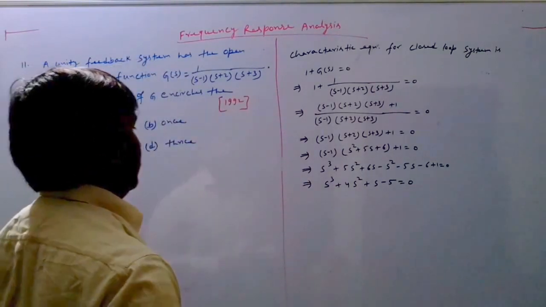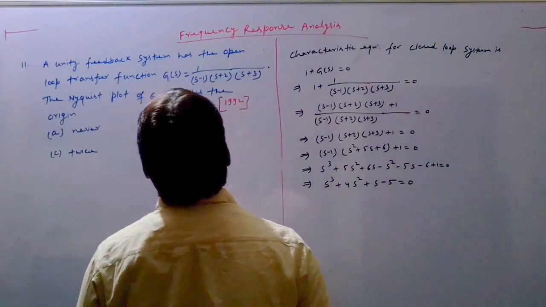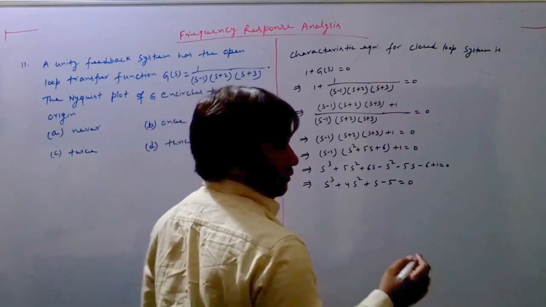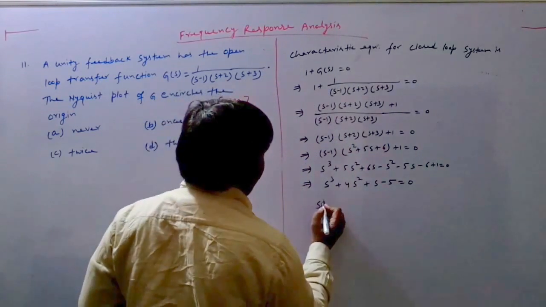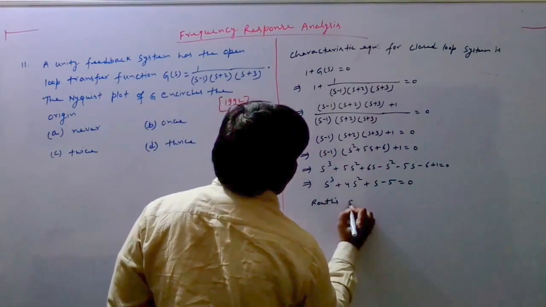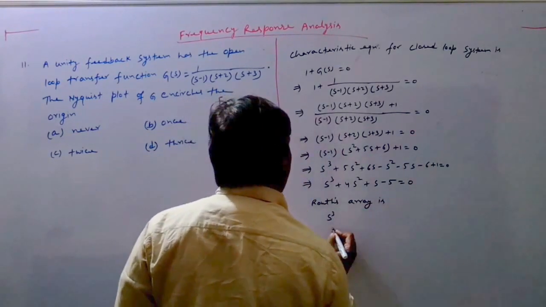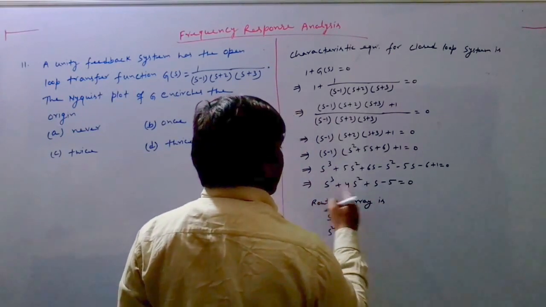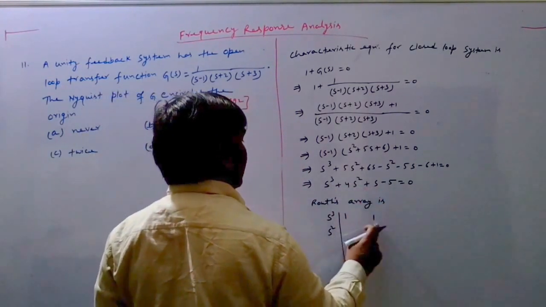If we apply Routh's stability criterion, the Routh array will be as follows. For s cube and s square: the coefficient of s cube is 1 and the alternate coefficients are written here.